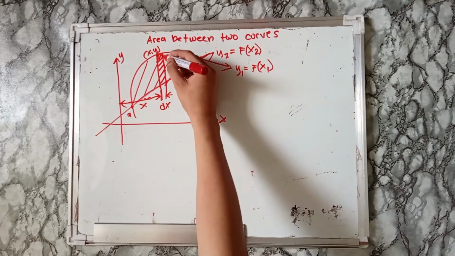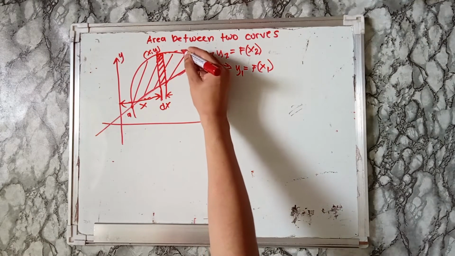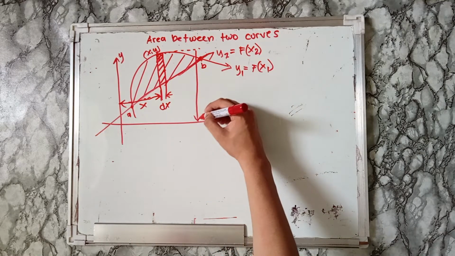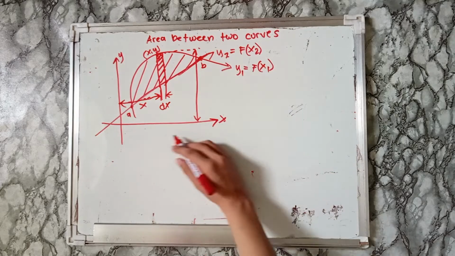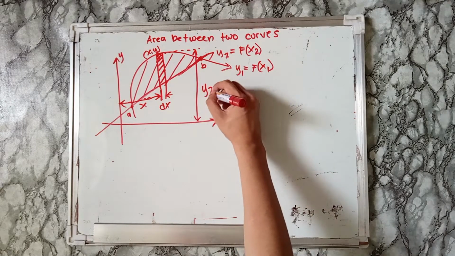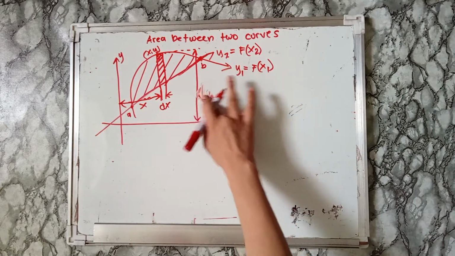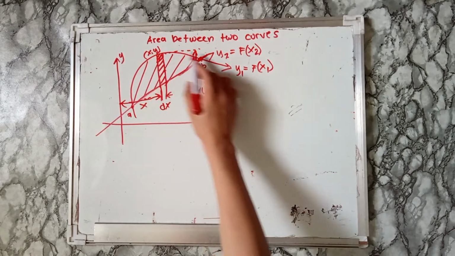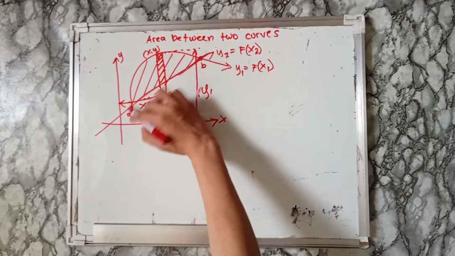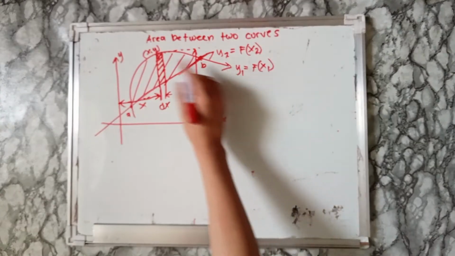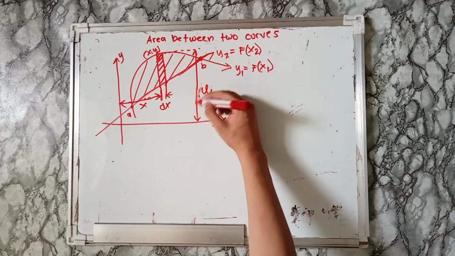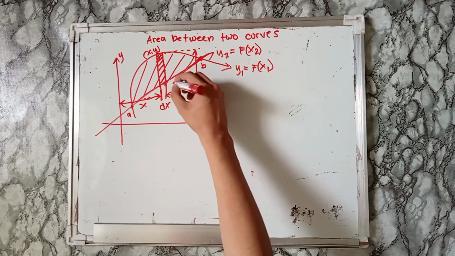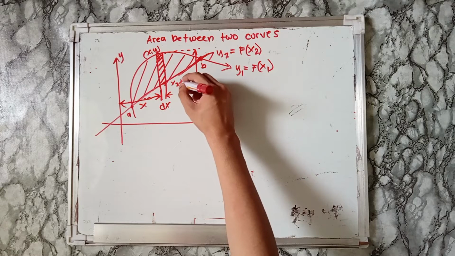And the distance of the upper curve to the x-axis is just y, I mean y1, since the line is passing through the curve, so we label this as y1. Now, here, this is x sub 2, y sub 2, right?